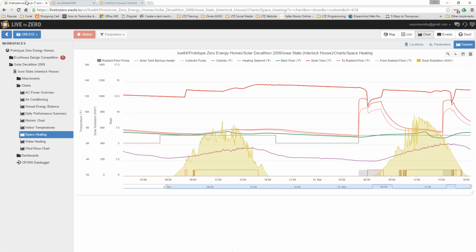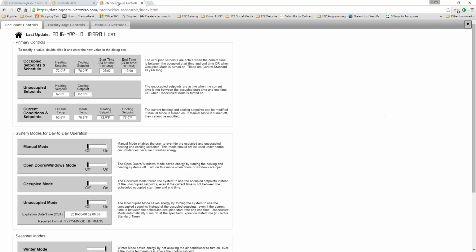So what I did is I went from no setback, meaning that I was just keeping the system in manual mode and forcing it to stay at 72 degrees all the time, the set point.